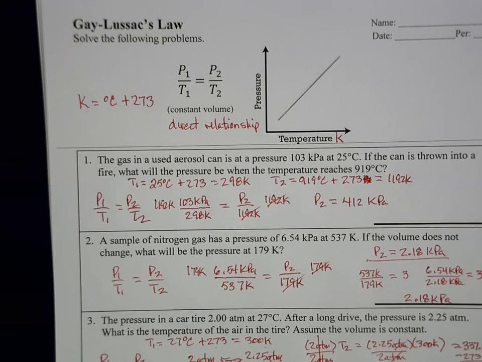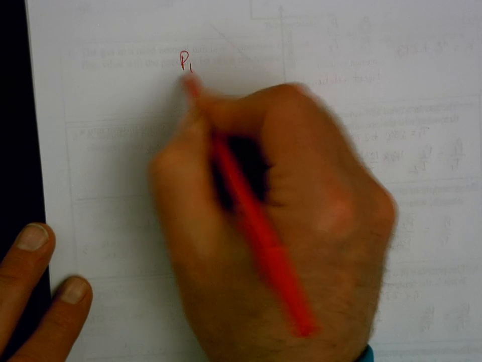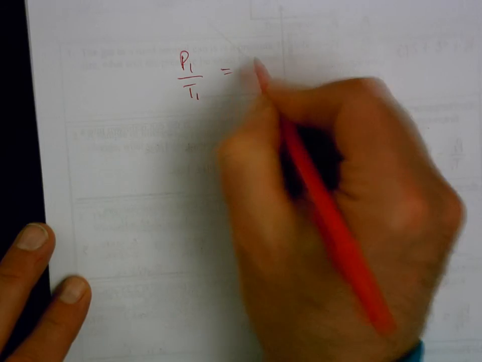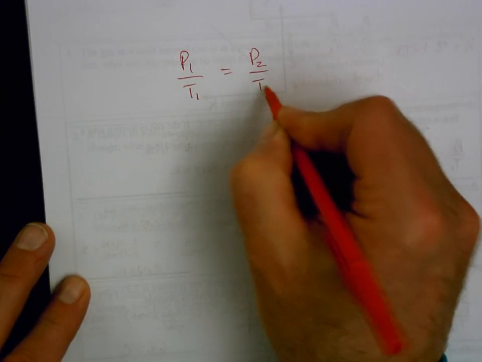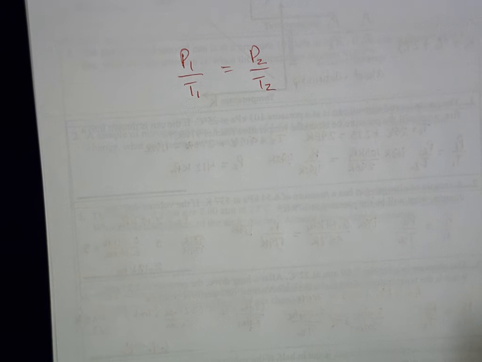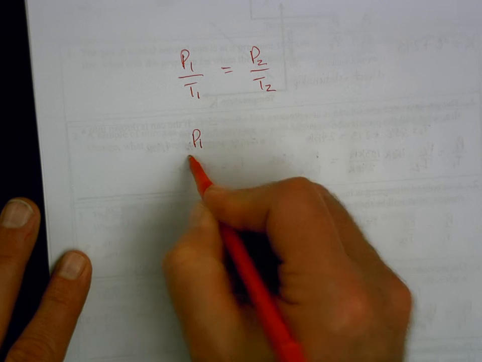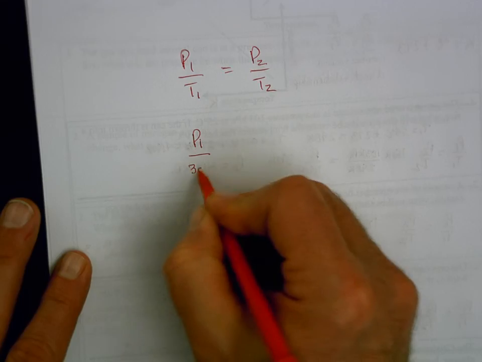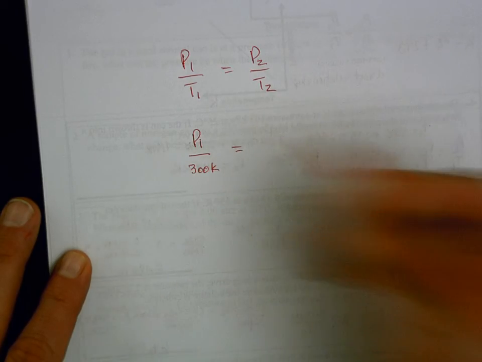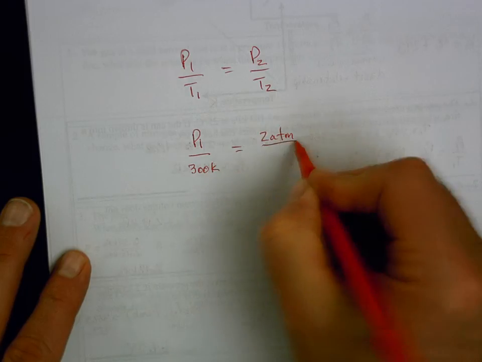If I'd had something like P1 over T1 equals P2 over T2, and we went ahead and said double our temperature just like we did, so imagine it looks like this now. P1 is over 300 K equals, let's say that the P2 was the 2 atmospheres this time, and T2 is the 600 K.